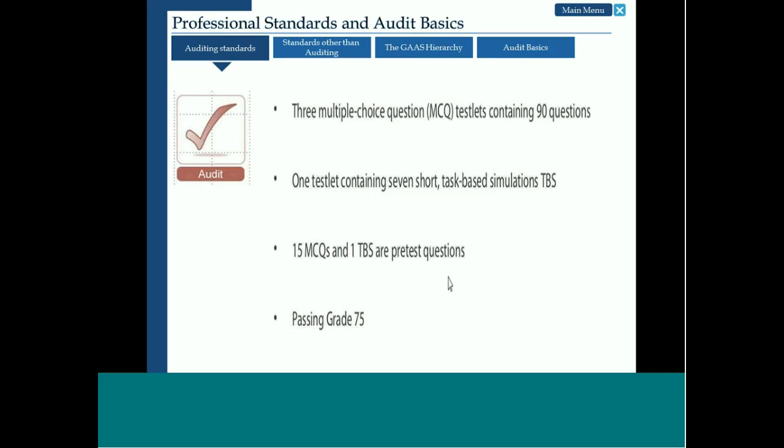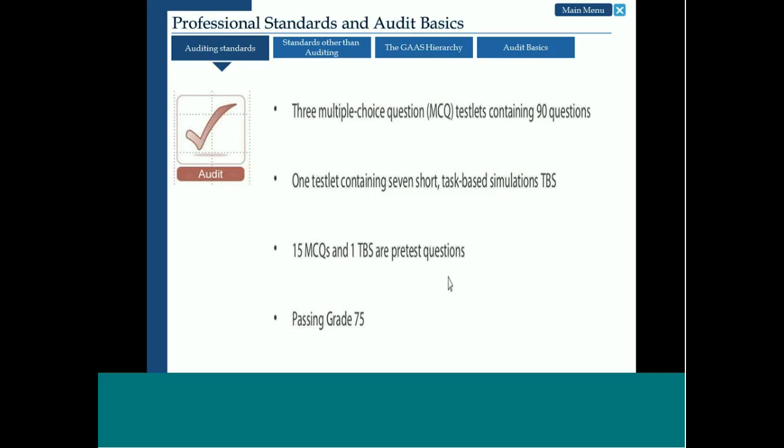Similarly, you have 7 task-based simulations. A task-based simulation is nothing but different ways of asking questions rather than the MCQ questions where you have 4 options. Like you can have filling the blanks, matching the boxes, or passing general entries or anything.